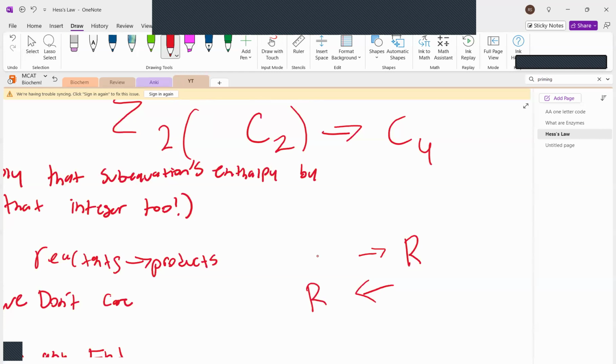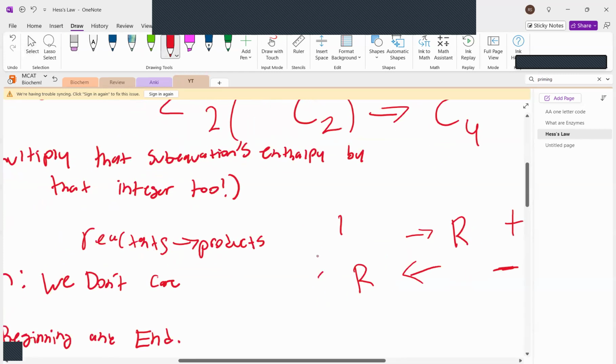When you switch it, you'll switch the sign of the enthalpy. Let's say this one, equation one, is a positive enthalpy. If this is positive, but you need to have the R on the reactant side, then this will now be a negative enthalpy, for equation two.